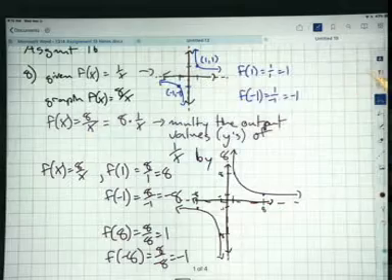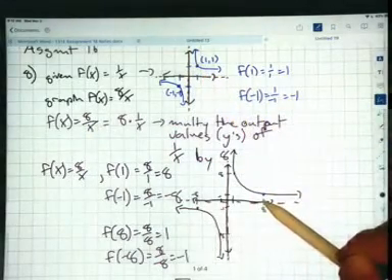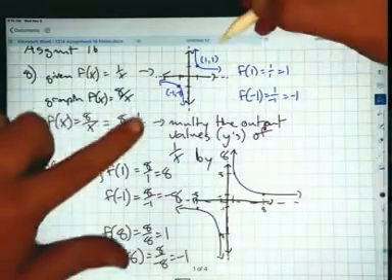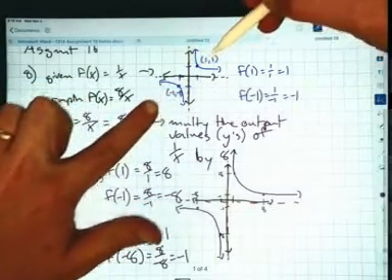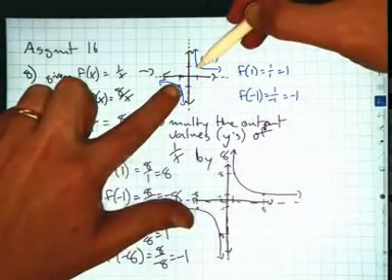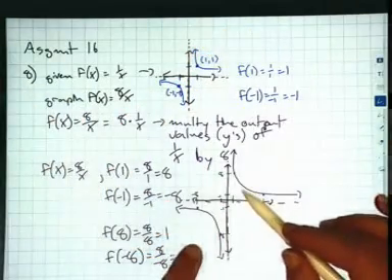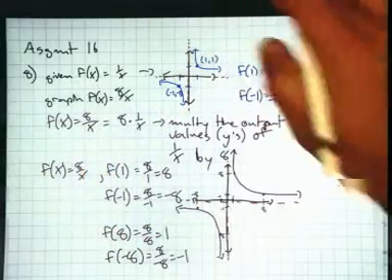And you can almost get this graph of f of x equals 8 over x by taking this graph right here of 1 over x and you pull the graph this way. If you pull the graph out a little bit, you're going to get this graph right here. It's just kind of like pulling it out sideways.